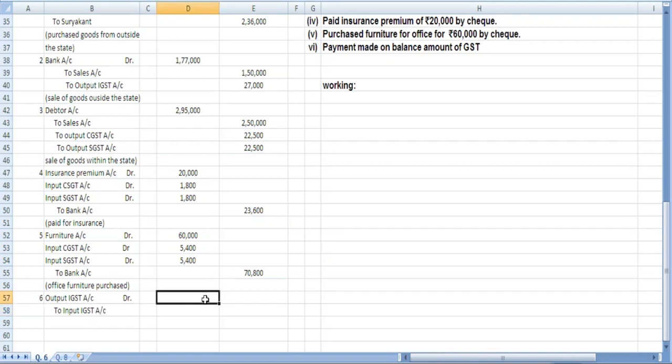Input is what we have paid and output is what we have collected. So 36,000 was what we have paid and collected was 27,000. So we will adjust the output with the input. So we have adjusted this.